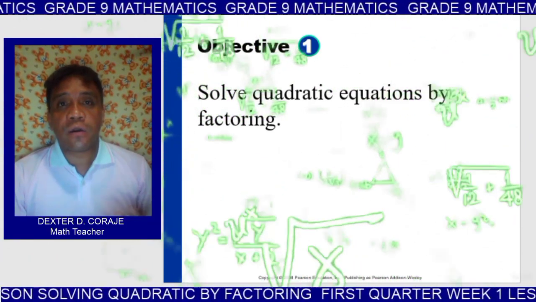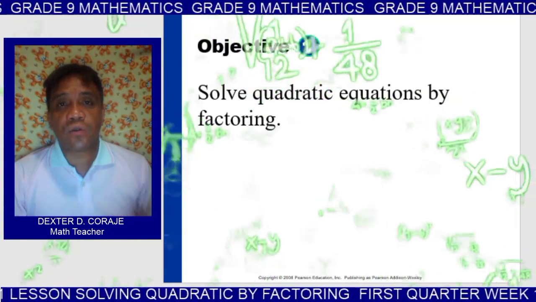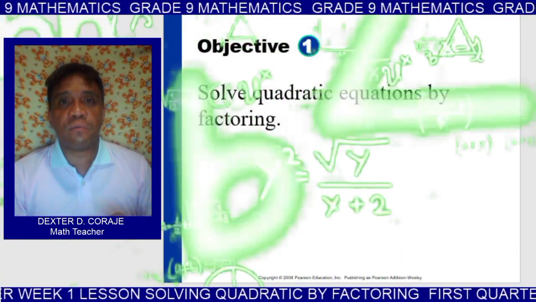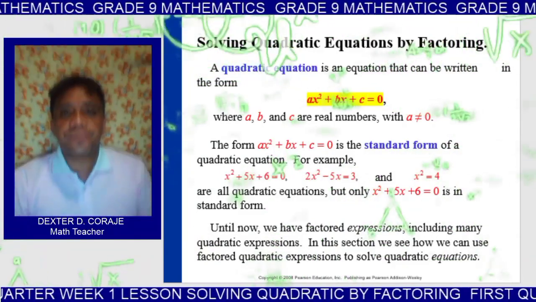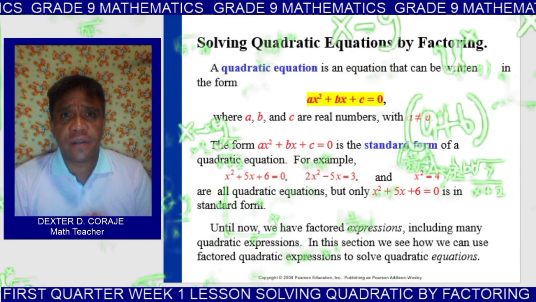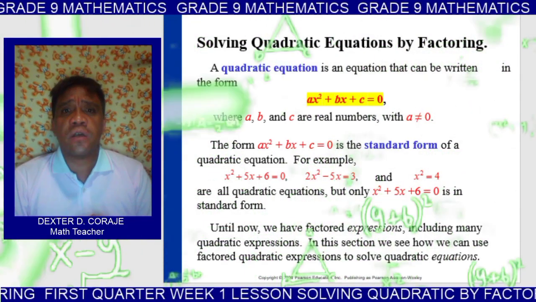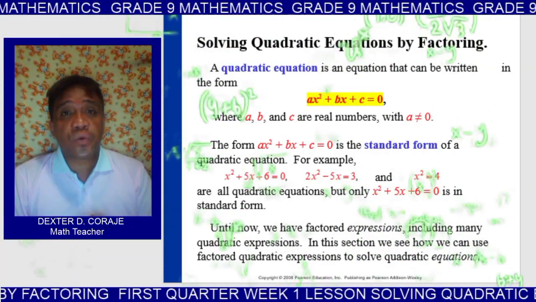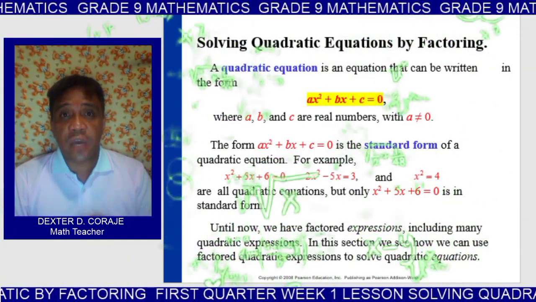There are so many ways to solve it. One of them is through factoring. So we have the quadratic equation. We have to recall ourselves in working with a quadratic equation. A quadratic equation is written in the form ax squared plus bx plus c equals 0.